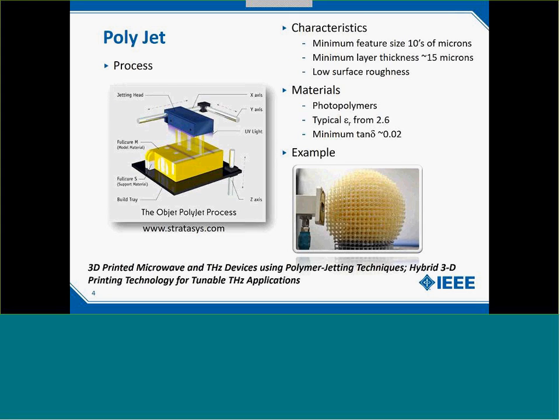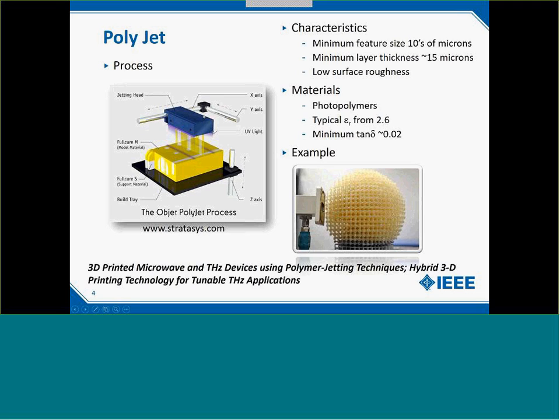And finally, polyjet. So where we contrast micro-dispensing as thick film and inkjetting as thin film, it's useful to contrast FDM with polyjet for thicker structural type devices using this process.